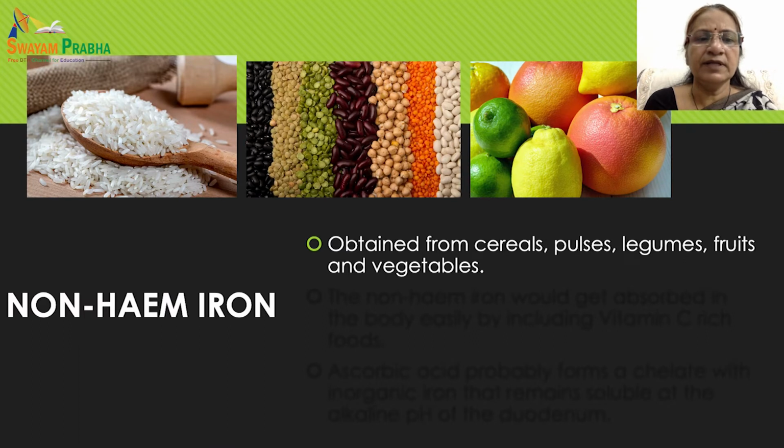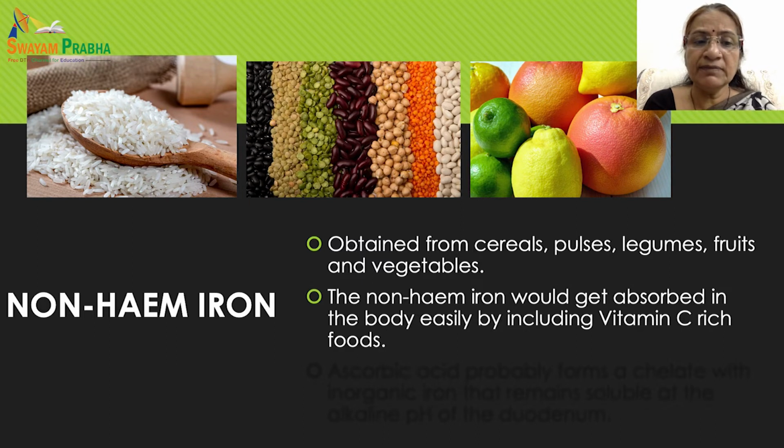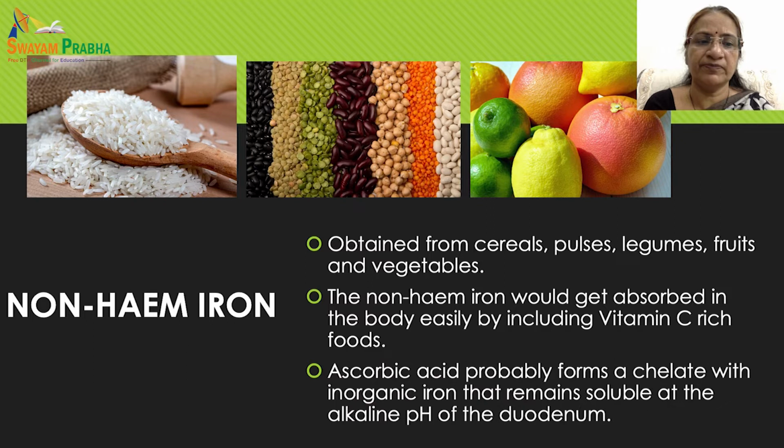Non-heme iron is obtained from cereals, legumes, pulses, fruits and vegetables. The non-heme iron would get absorbed in the body easily by including vitamin C rich foods. Ascorbic acid probably forms a chelate with inorganic iron that remains soluble at the alkaline pH of the duodenum.